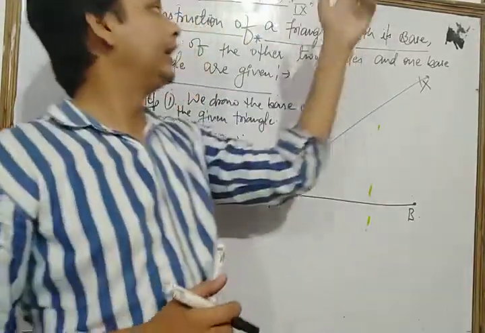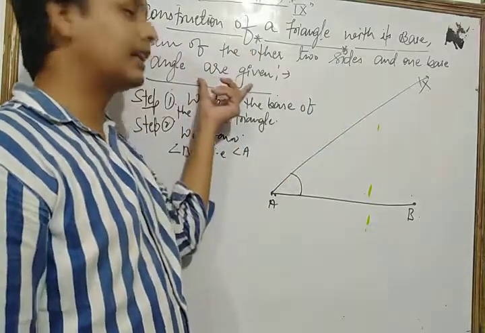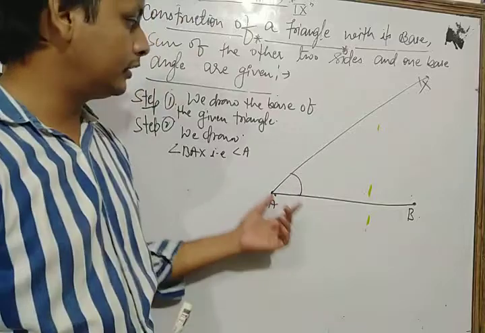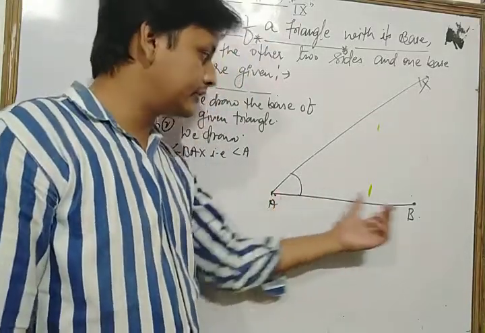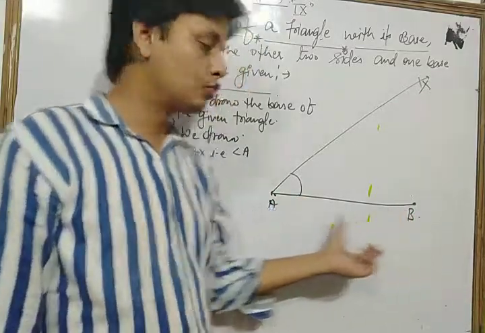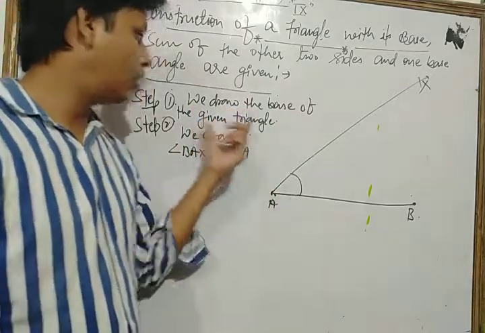Now, here your topic is constructing a triangle when its base, the sum of the other two sides, and one base angle are given. In that type of question, dear student, the length of its base is given, and one of its base angles, either A or B, is also given. So in the first step we draw the base of the given triangle.